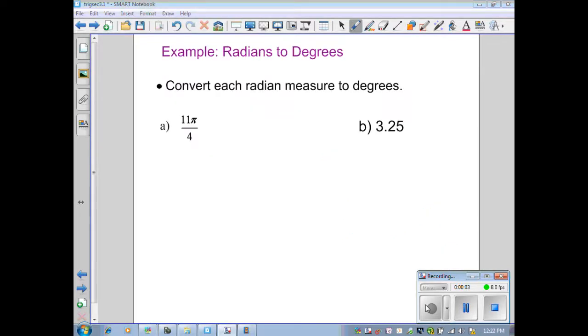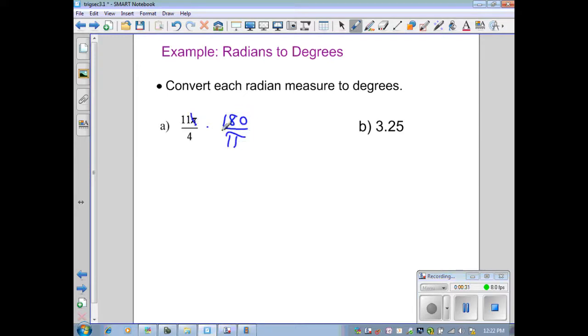Our next slide wants us to convert radians to degrees. Recall from a few slides ago that to do that, we multiply our radian measure times 180 over pi. Our first example, 11 pi over 4: just multiply by 180 over pi, and then we simplify.